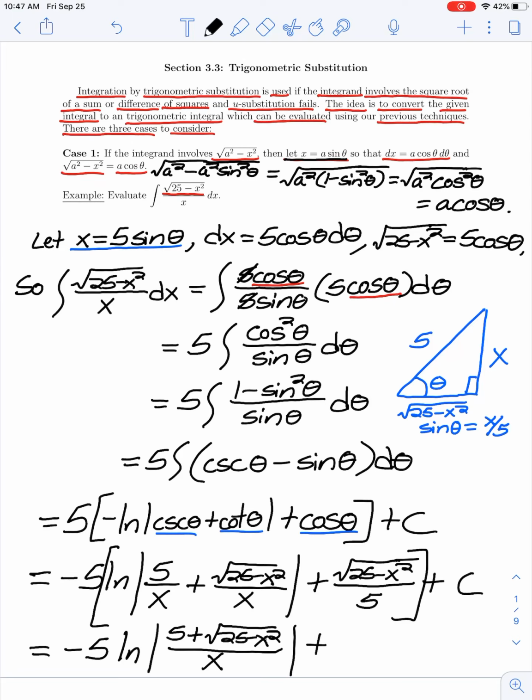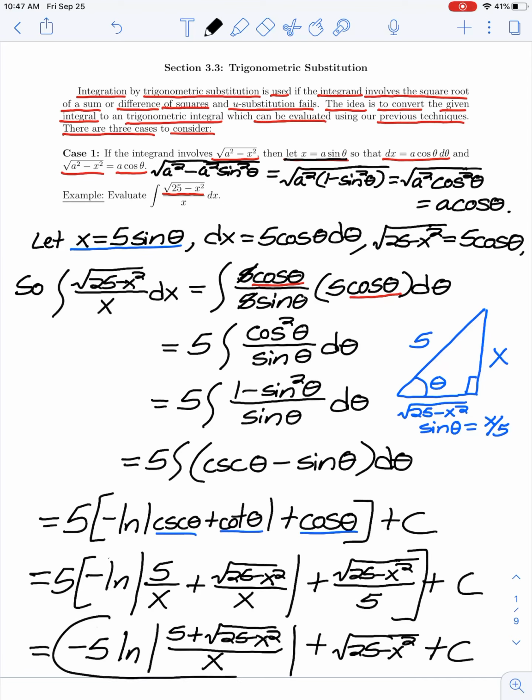The negative was not out in front here, but rather in front of just the logarithmic term. So then we have our negative 5 natural log of 5 plus square root of 25 minus x squared over x, plus 5 times this second term leaves us with the square root of 25 minus x squared plus c. So this would be our antiderivative of that function.